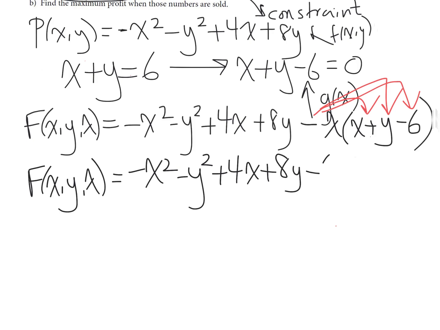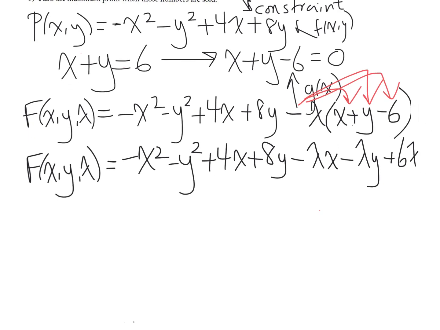So minus lambda x minus lambda y plus 6 lambda. Yeah? Okay, I gotta make it look more like a lambda and less like an x. There we are. Okay. Are we good so far?